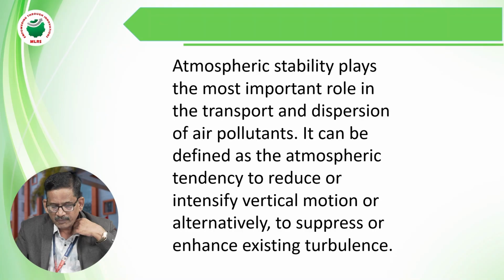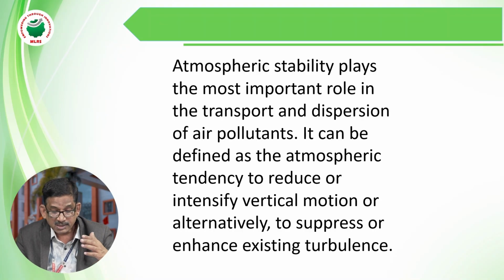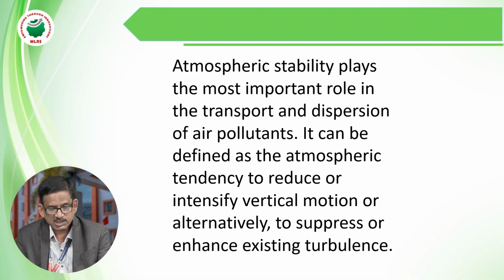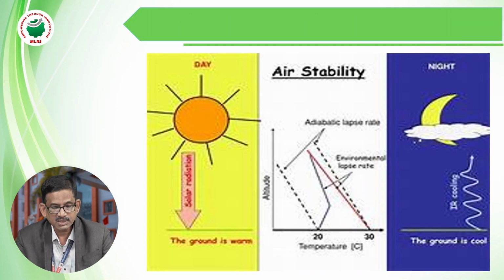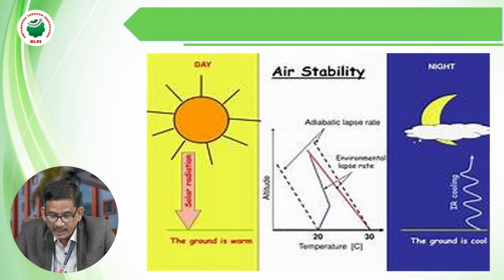It can be defined as the atmospheric tendency to reduce or intensify the vertical motion, or alternatively to suppress or enhance existing turbulence. Next, if you see the figure of air stability, we have to see the day and night.